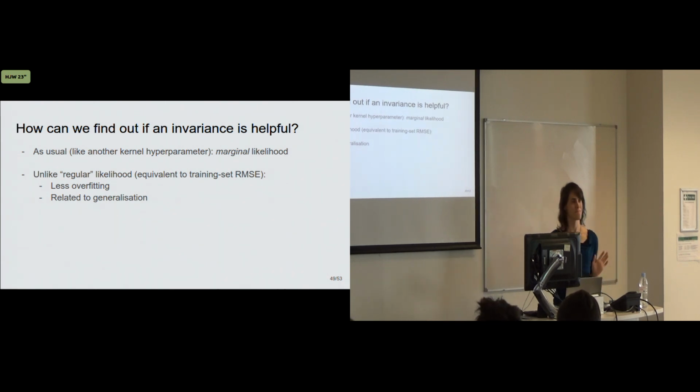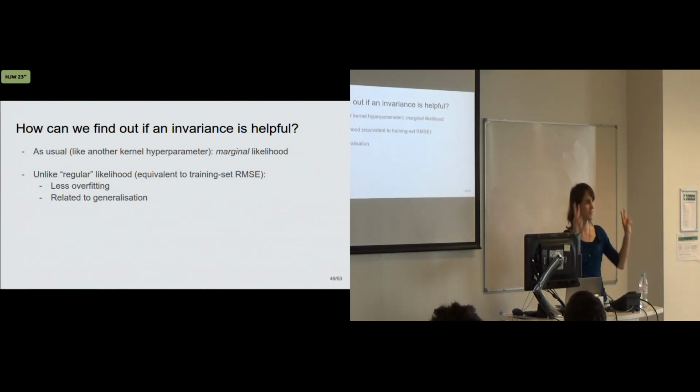And what we are basically suggesting here is do it the same as you would for kernel hyperparameters, where you optimize the marginal likelihood to find out what's the best value for your length scales and variances. And unlike the regular likelihood that's equivalent to the training set error, the marginal likelihood leads to less overfitting, and that's because it's actually related to generalization.